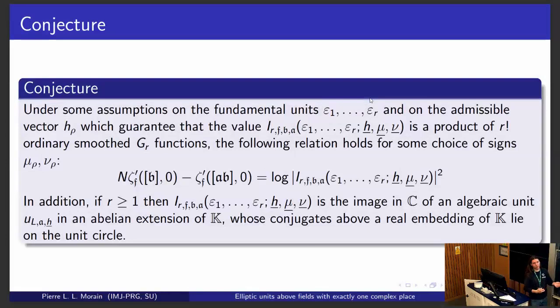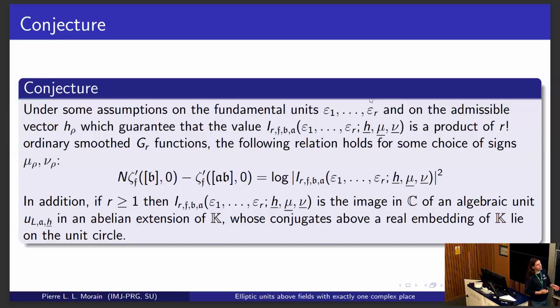Under the conditions in the preprint, this is a small product of only R factorial numbers, and it should give you the values of the derivatives of the zeta function at 0, as expected for the Stark units. It should also be an algebraic number in an abelian extension of K, which should be well controlled. It's just a bit technical where these numbers are.